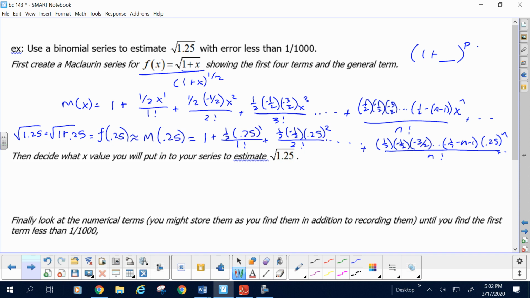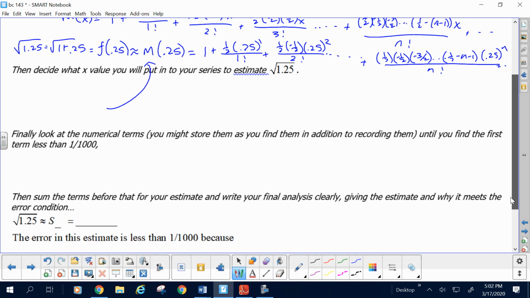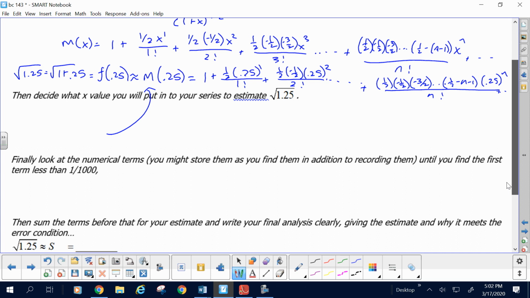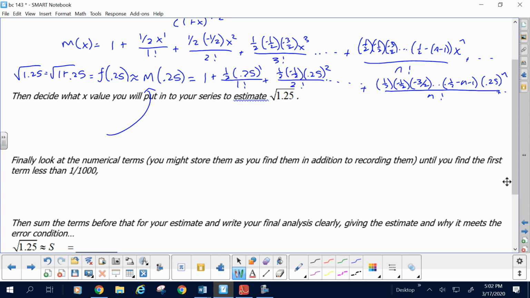Excuse me. All right. Sorry, I decided what x I'd use, and that is an x of 0.25. Now, as far as getting an estimate less than 1,000th, it does start to alternate after term 2.